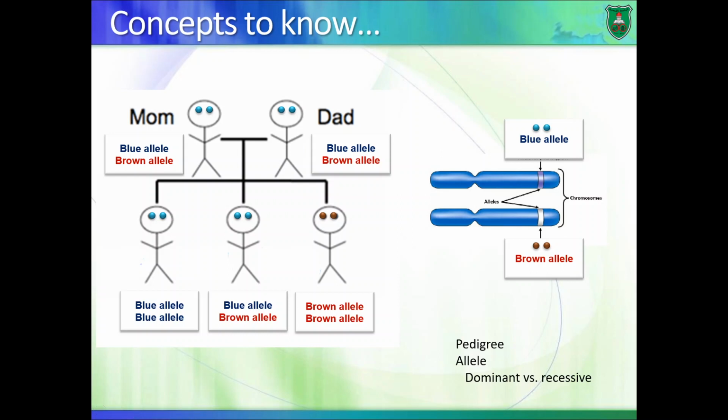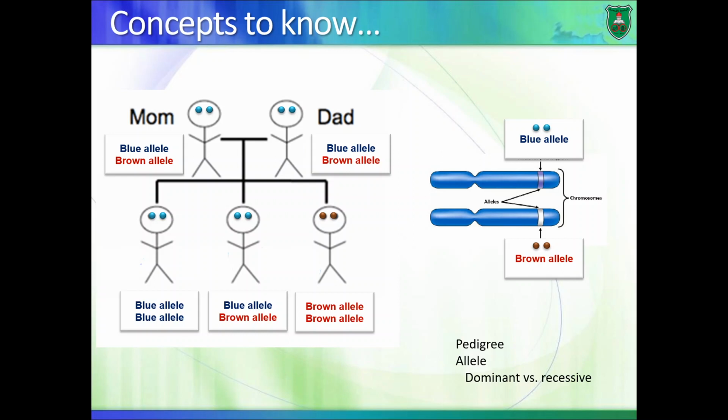Let's say we have the eye color gene, and we all have eye color genes, okay? And these eye color genes exist in different types. So we have the black eye color gene, the blue eye color gene, the brown eye color gene, and so on. And the different types of a gene are known as alleles, okay?